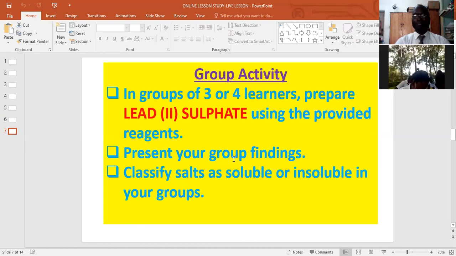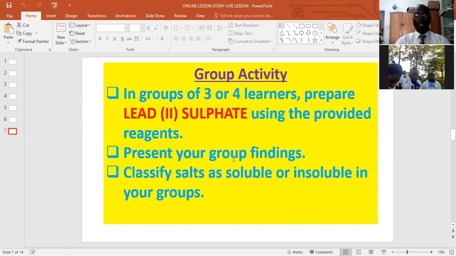Group number 3, can you hear me? Yes. Lead 2 sulfate. Was it dissolving in water? Yes. It was dissolving. I think group number 3, you are not getting me so clearly.